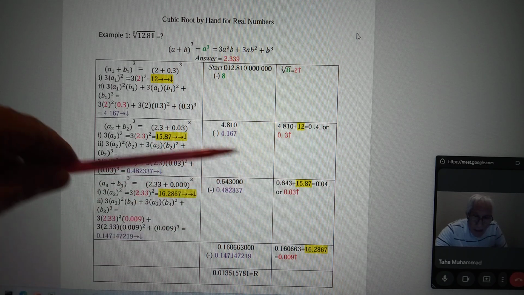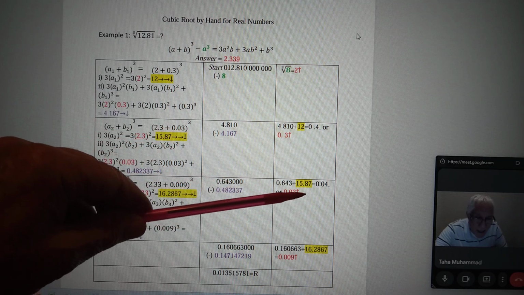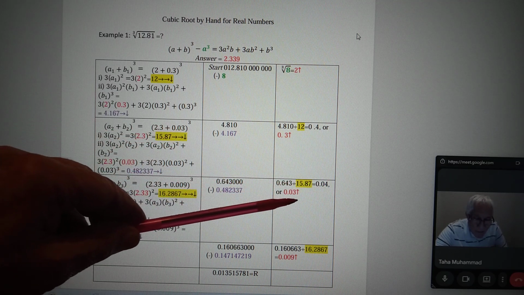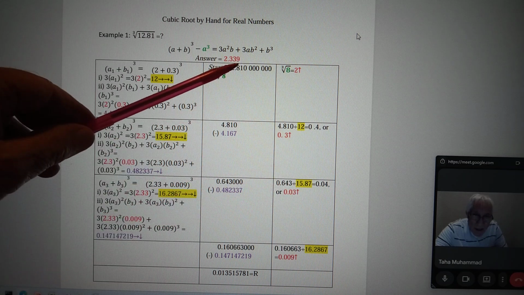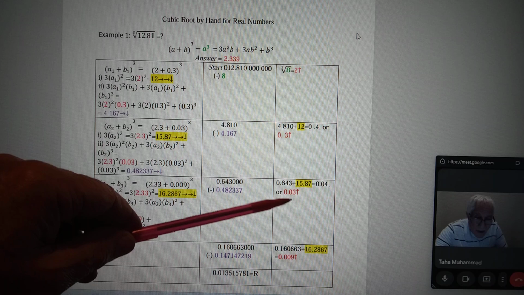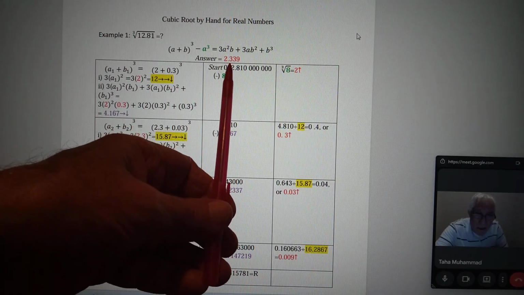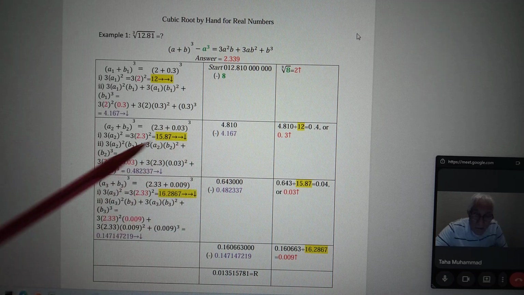0.04, when I plug it here, becomes a number more than that. Then I will reduce that to 3. I put 3 here. It means 0.3 will go there. See, this is 0.3.